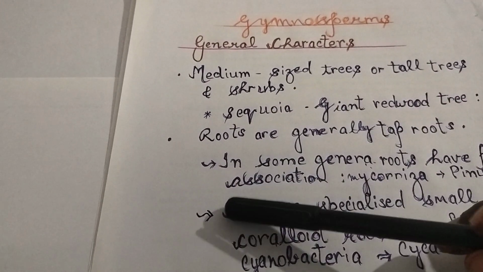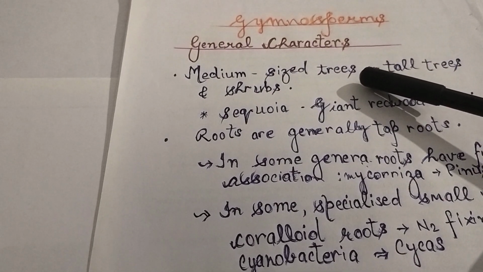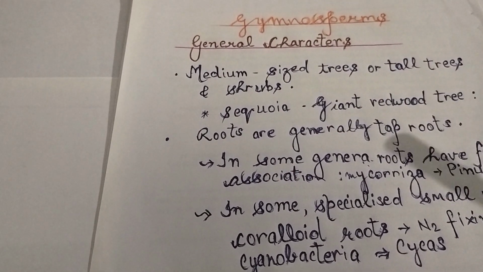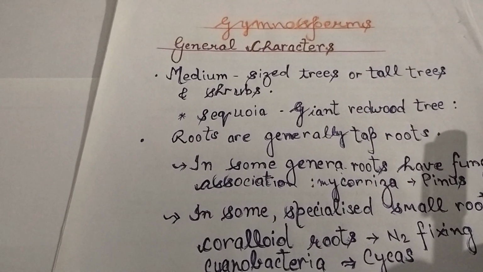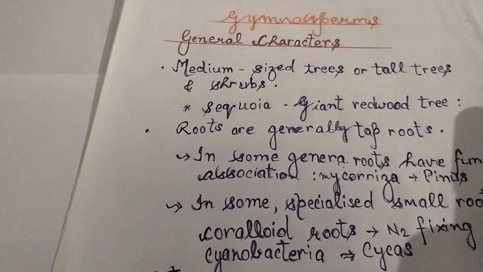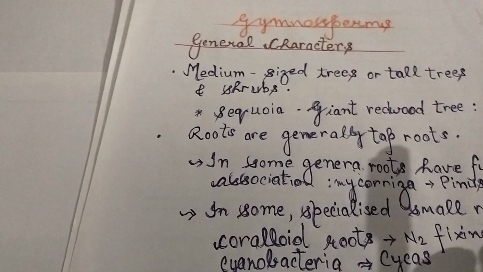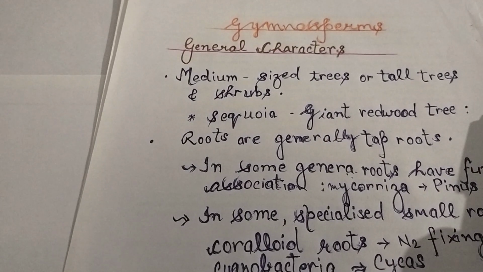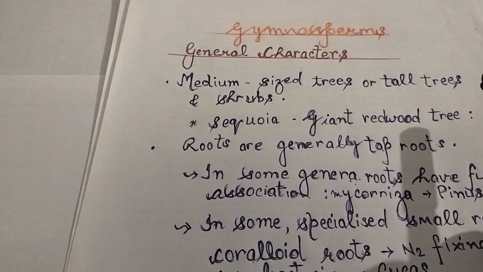Gymnosperms include medium-sized trees or tall trees and shrubs. Till now we have studied that algae were thalloid, with no differentiation of root, shoot and stem. In bryophytes, the main part was thalloid, but somewhat root-like, stem-like and leaf-like structures were present.